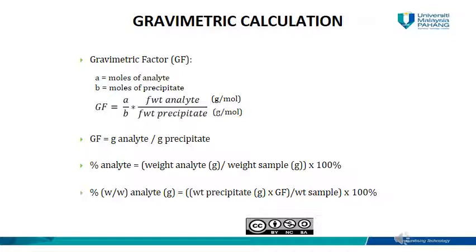You must also know that we have another formula for the gravimetric factor, which is the mass of the analyte divided by the mass of the precipitate. Here you can also see the percent weight per weight: the weight of precipitate times the gravimetric factor, divided by the weight of sample. This is what we call percent weight per weight.